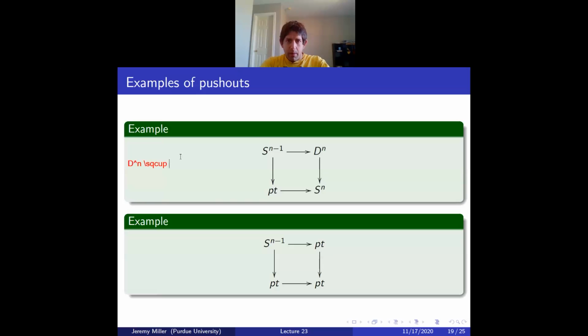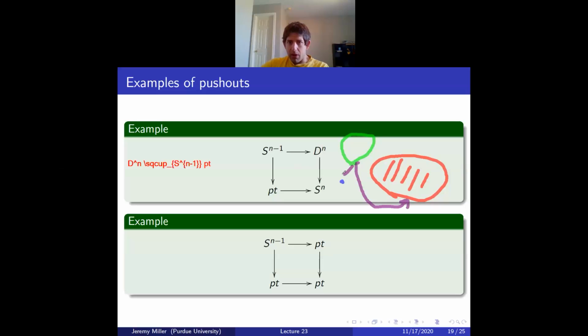You take a disk and a point, and say a point on the sphere maps to that point on the disk, but it also maps to the point.